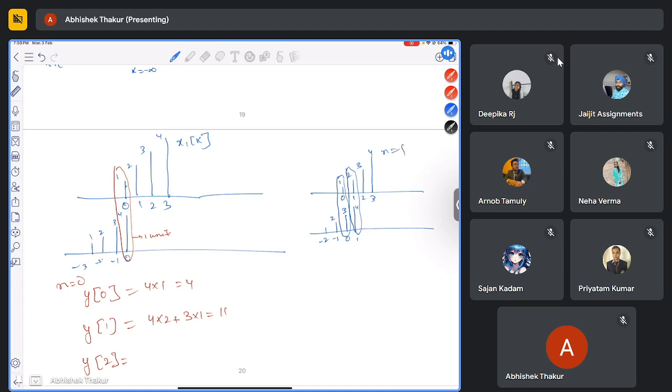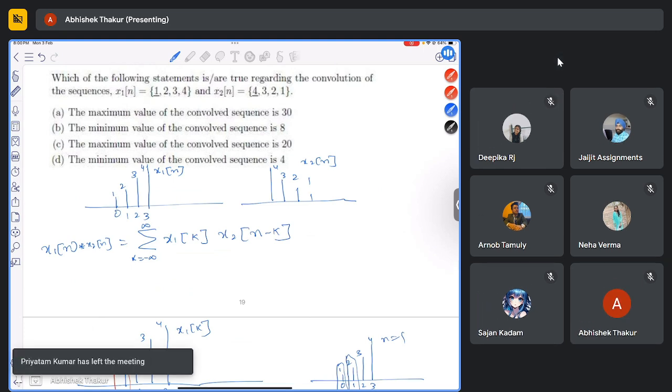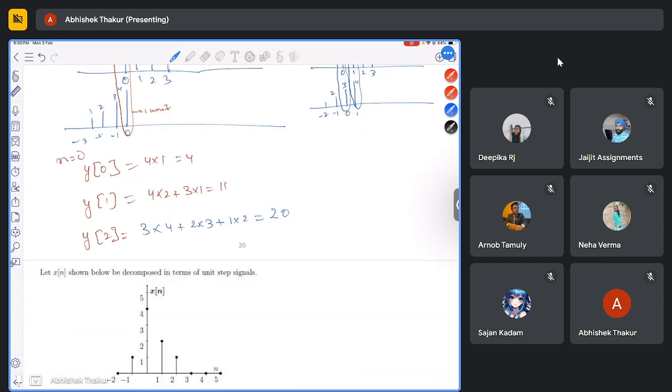Similarly, for n equal to 2, it will become 3 into 4, because this will shift 2 units, plus 2 into 3, plus 1 into 2. So this will become 12 plus 6, 18 plus 2, 20. So 4, 11, 20. This question is asking for the maximum and minimum value.